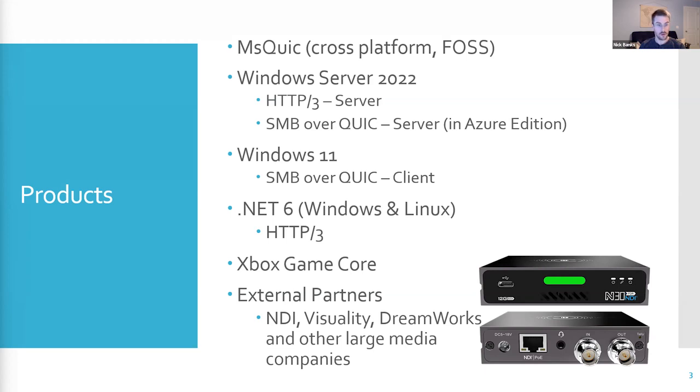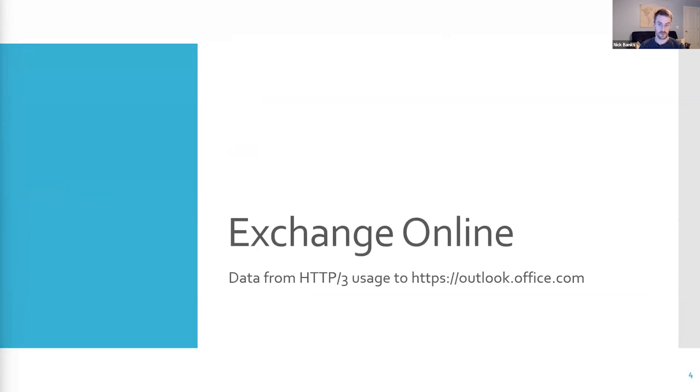In the open source community, we've had a significant amount of interest, and even some large media companies such as DreamWorks have started looking at usage or have actually deployed usage of QUIC. We'll come back to QUIC a little bit more later.